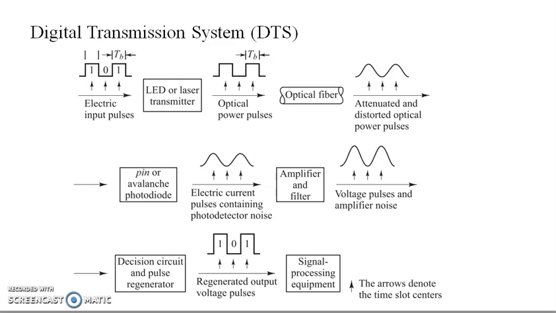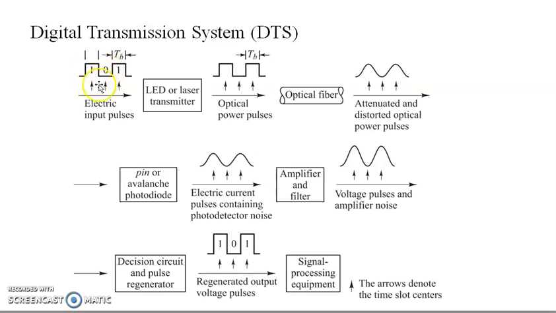If you see the digital transmission system in optical fiber, it is quite complicated. Generally here, this is the signal path, how your signal is propagating through the optical fiber. This diagram indicates the path. Here we have the input signal, the electric input pulses, and it is transmitted. In the transmitter we use a technique for sending the binary data, amplitude shift keying or on-off keying.